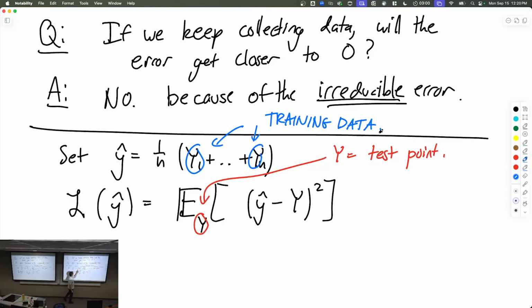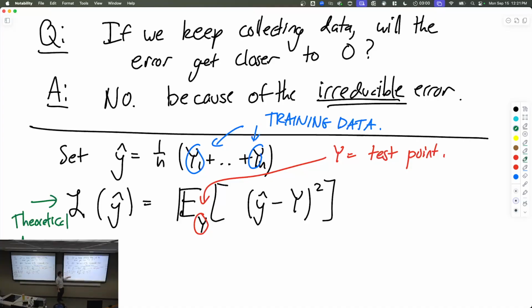So we combined the things in our data set to get our estimate, y hat, and then we were testing to see how well we did based on a test point that we haven't seen yet. And we're looking at the average. So this is the theoretical average loss. Square loss.